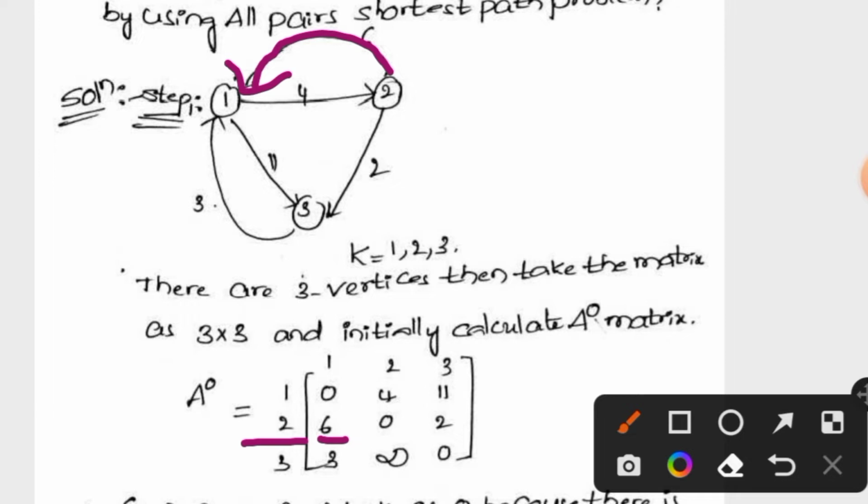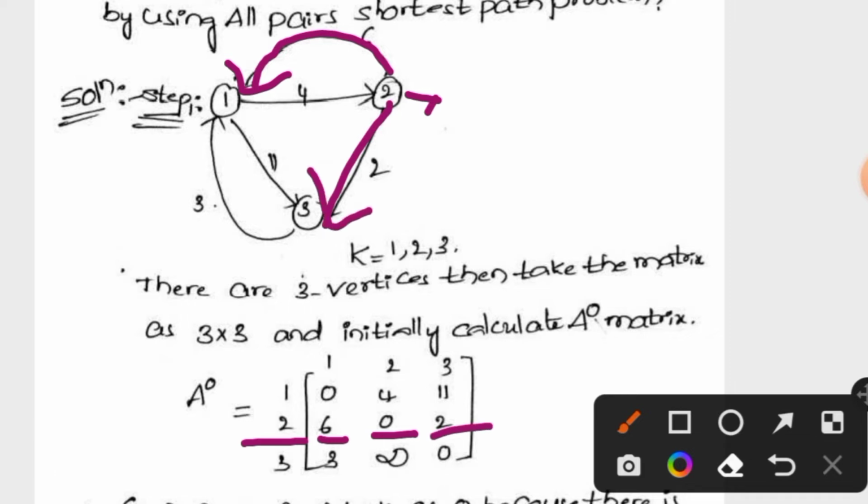And 2 to 2, there is no edge. So here we have to remember one thing. If the i and j positions are the same, meaning 1 comma 1, 2 comma 2, 3 comma 3, then we have to take 0 values. And if there is no edge between two vertices, we have to take the value as infinity. So here 2 to 2 has no edge, so we take 0. And 2 to 3, one edge is there, and the value is 2.